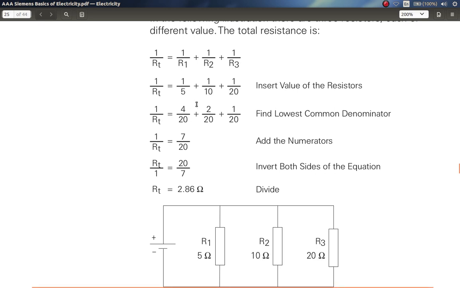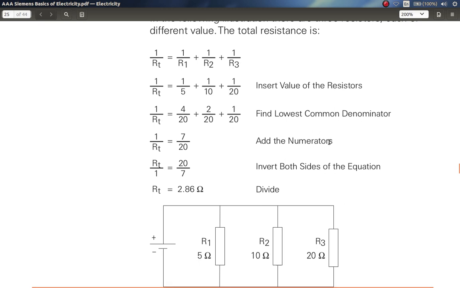Then here you use your mathematical fraction techniques to work this out. So this will be 4/20 plus 2/20 plus 1/20, and then we have 1 over RT is 7/20. We have 4/20 plus 2/20, that's 6/20, plus 1 more 20, that's 7/20.